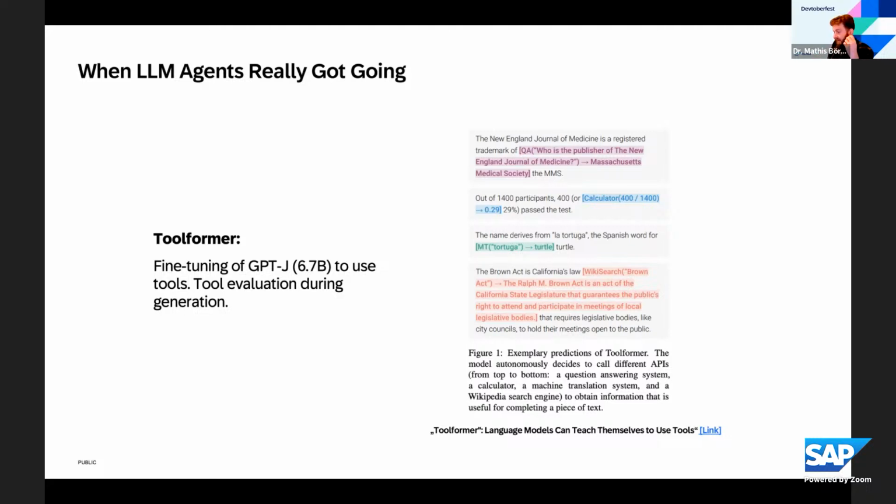In my view, one of the more prominent examples where this got kicked off was Toolformer. It was before ChatGPT, I think 2021. To be honest, I forgot, but it was before ChatGPT. What they did is they took GPT-J.